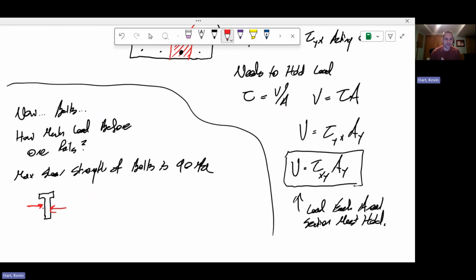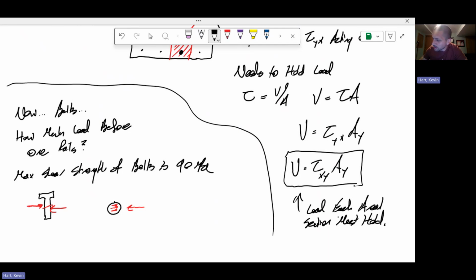But a bolt in single shear like this will have some sort of maximum shear strength associated with it, right? If you look at the cross section of this bolt, looking at it from above, you've got this load coming across. The bolt must resist that load up to some degree.